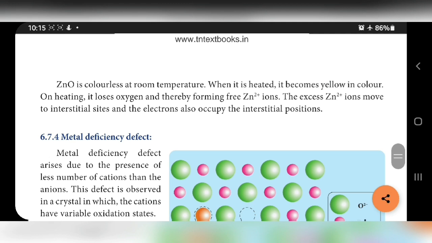The excess Zn2 plus ions move to interstitial sites and the electrons also occupy interstitial positions to balance the neutrality. That's all.